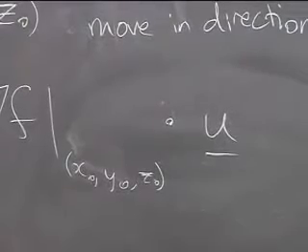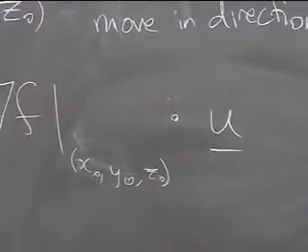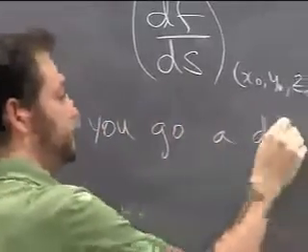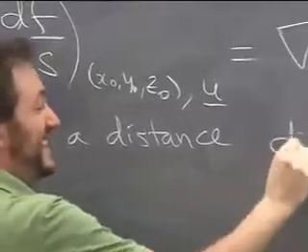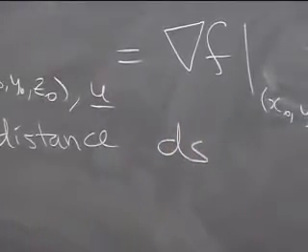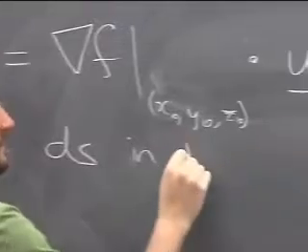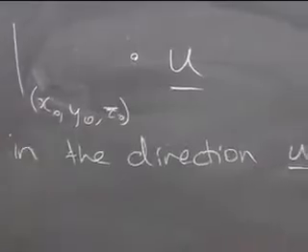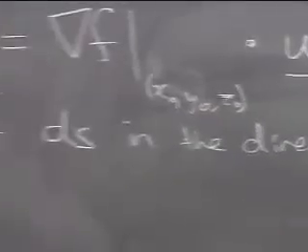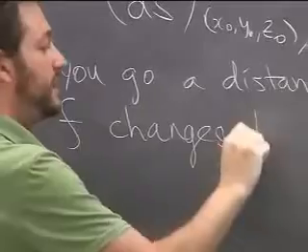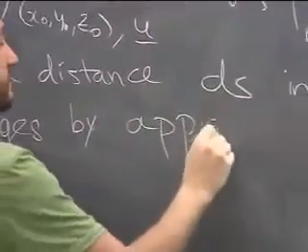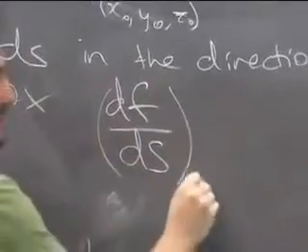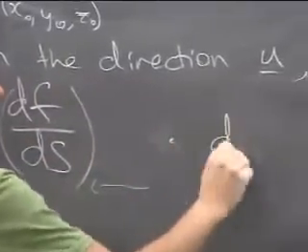Okay, so you can think of this then as if you go a short distance ds in this direction, what this says is f changes by approximately this quantity df/ds times ds.